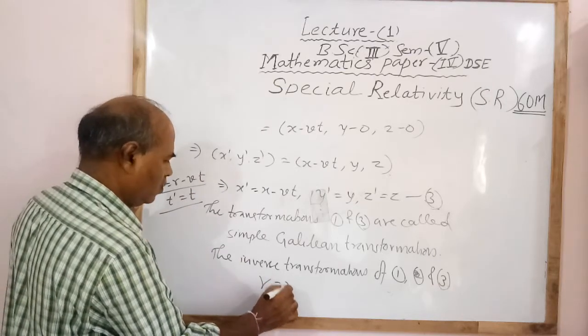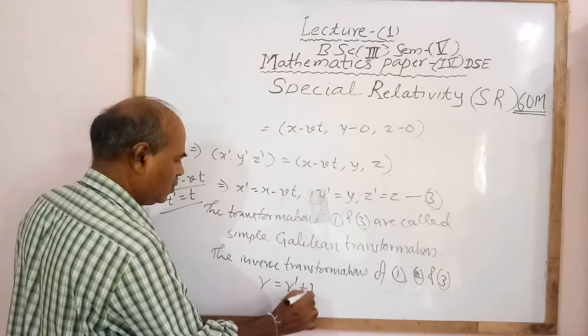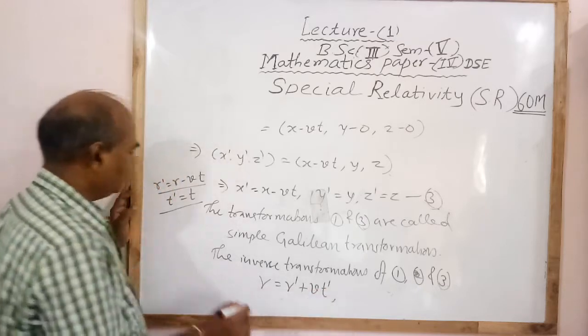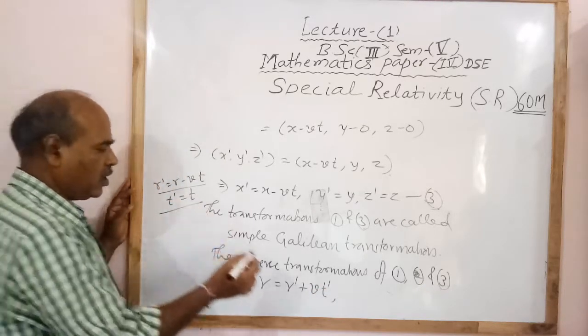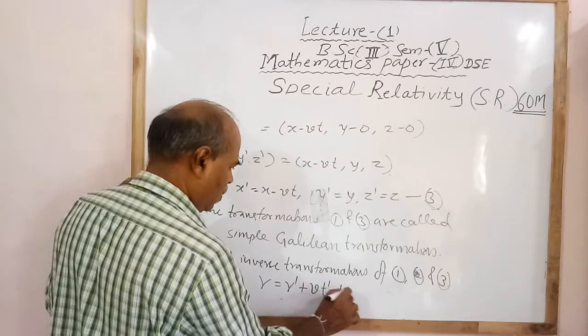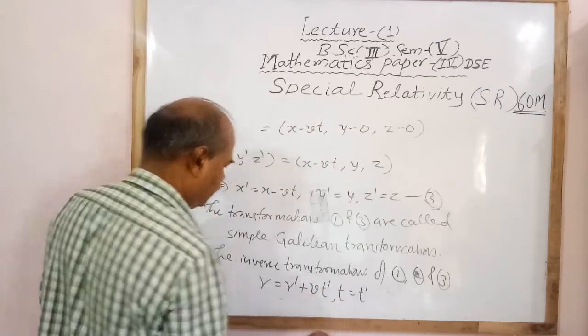Therefore r equal to r dash plus vt dash. Then in the second transformation, t dash is replaced by t and t by t dash. Therefore t equal to t dash.